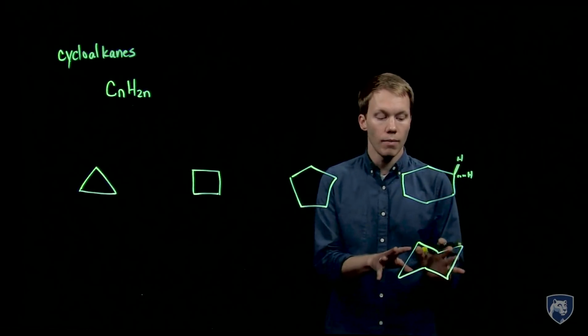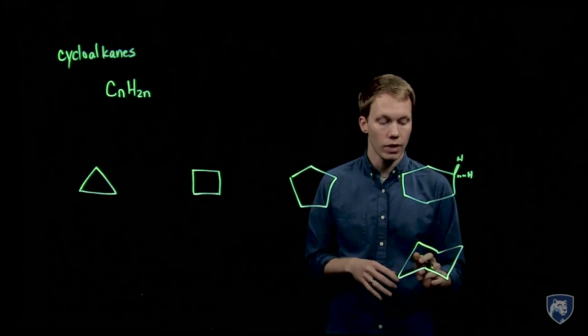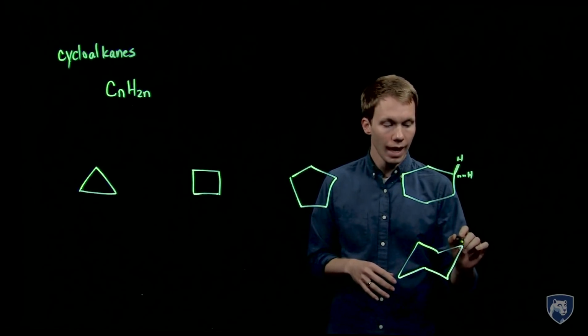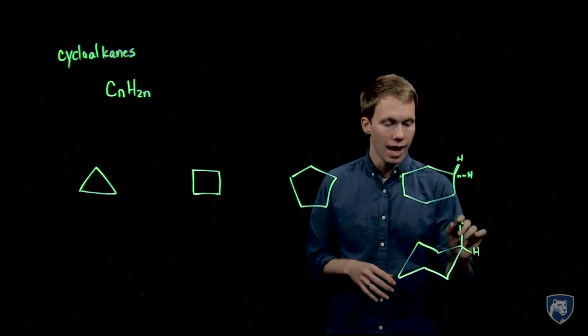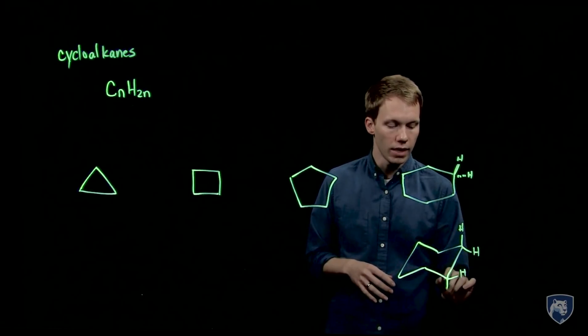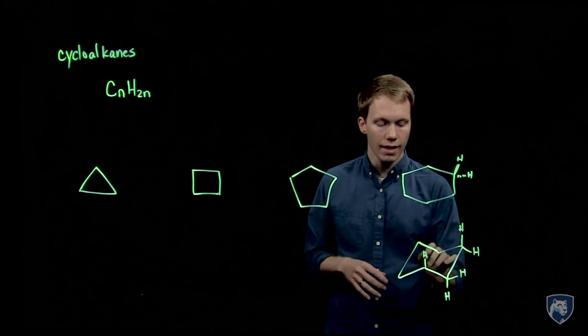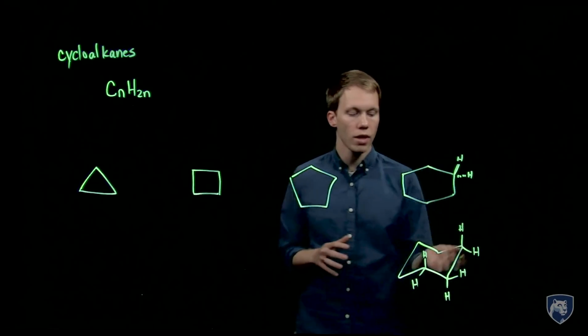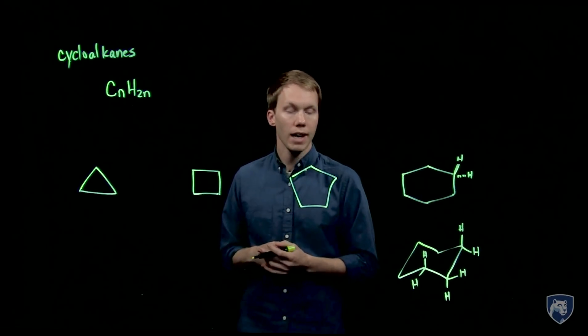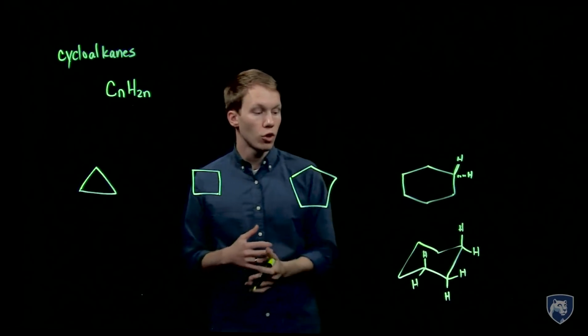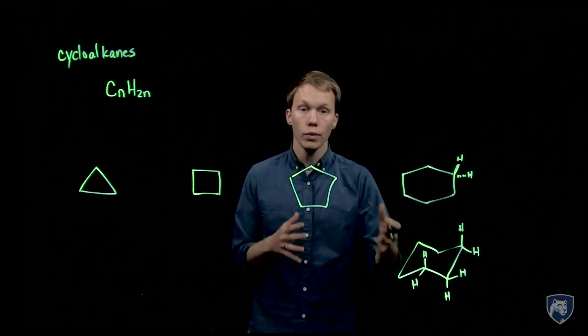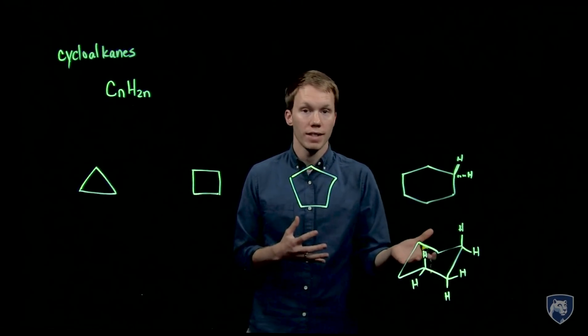So this is more or less what it would look like in 3-dimensional space. And we have these hydrogen atoms coming off of each vertex as such. Okay, so I won't draw them all in, but there are more there than I have drawn. But this is the 3-dimensional shape of the cyclohexane.